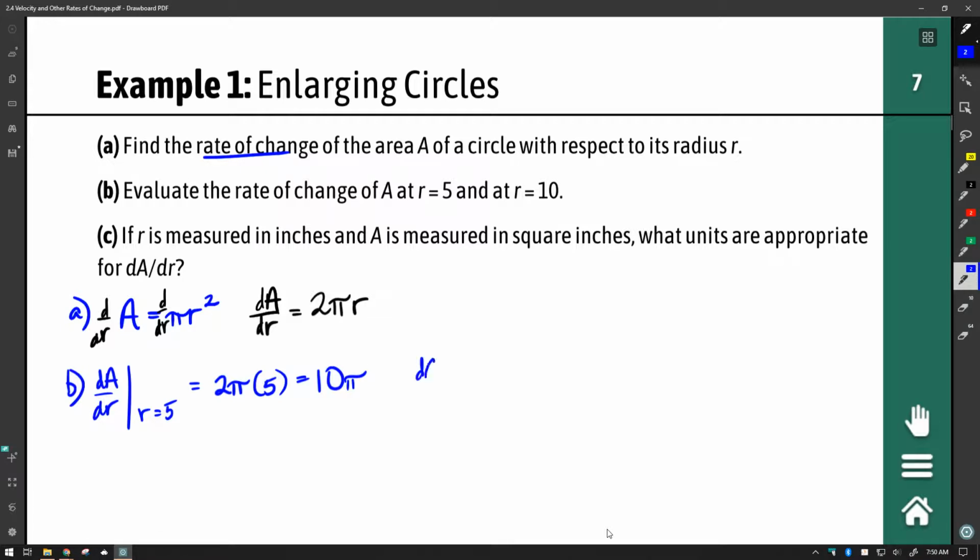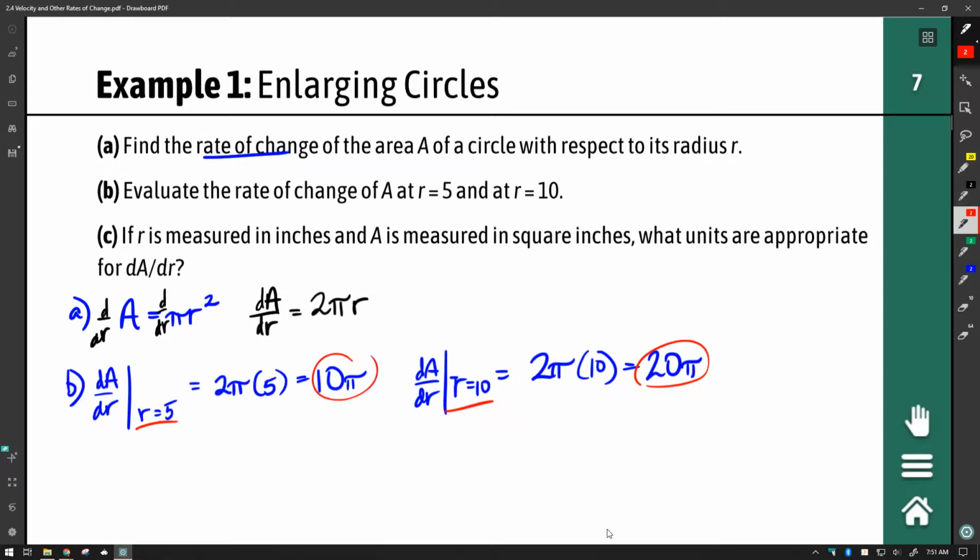So dA/dr at the moment when r is 10 will be 2 times pi times 10, or 20 pi. So notice here that the rate of change in area is larger, 20 pi, when the radius is larger, 10, than when the radius is 5 and the change in area is 10 pi.